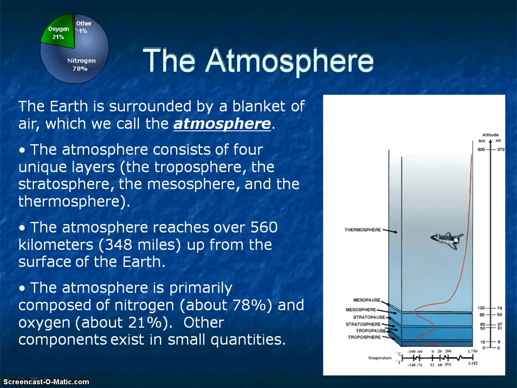Looking at the components of the atmosphere, roughly 79% is made of nitrogen. 20% of it is oxygen, and then a small, less than 1%, is made up of other gases like argon and neon that round out the components of the atmosphere.